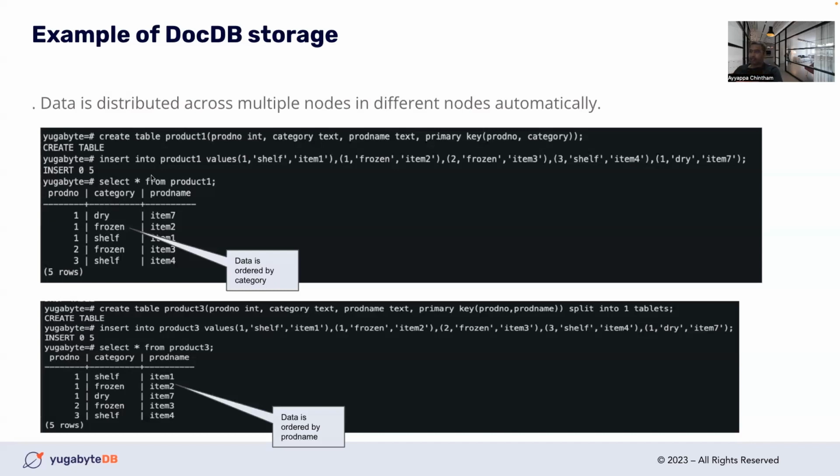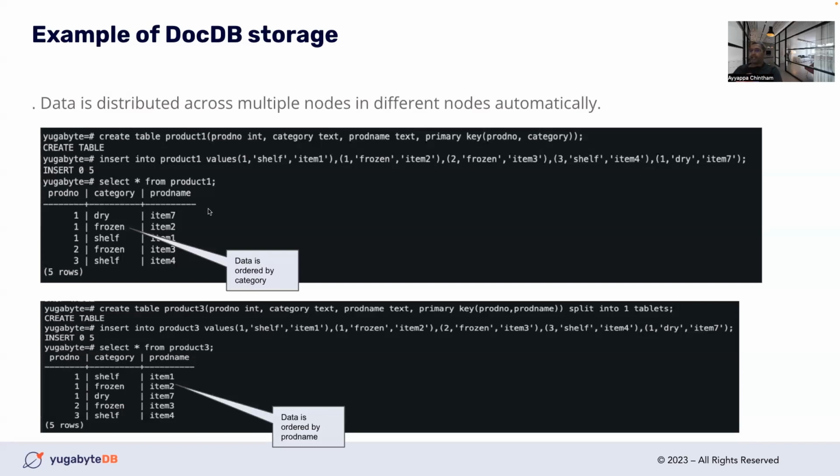Since I have one node, this is showing 1, 2, 3 in an ordered fashion, but in a multi-node setup, it will not be the case. You will find 111 ordered by category, but the 2 and 3 can be in another sequence.